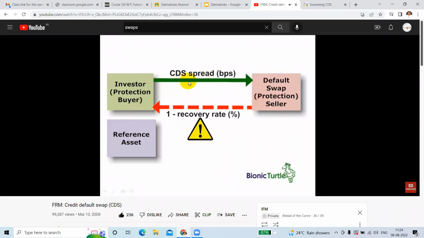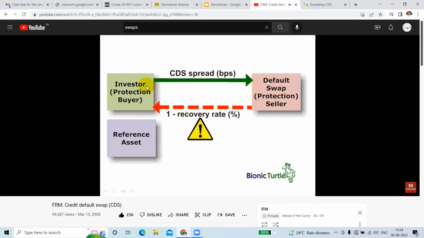So there's a guaranteed premium payment on a regular basis for the tenor or duration of the contract from the investor to the swap seller. If there is no triggering credit event, that may be all that happens. This investor has simply paid premiums to the swap seller. Nothing bad happened to the reference asset, and that's the end of the story.